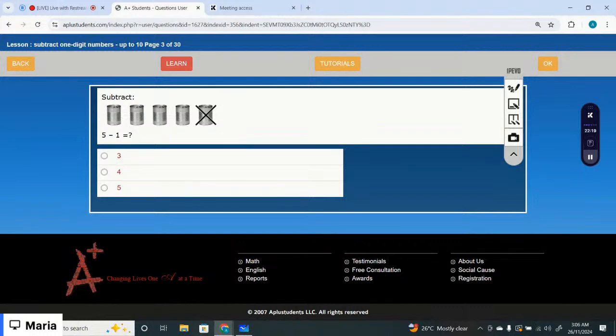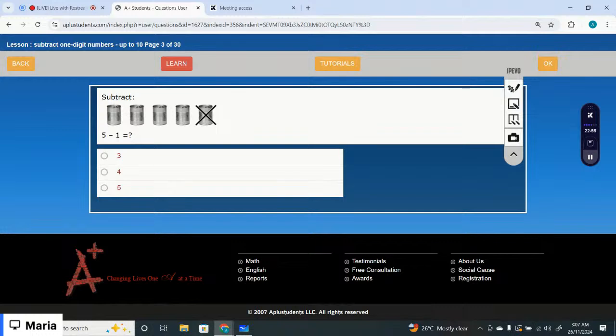5 take away 1, which is the correct option? You are given 5 of the cans, one of them is crossed out.